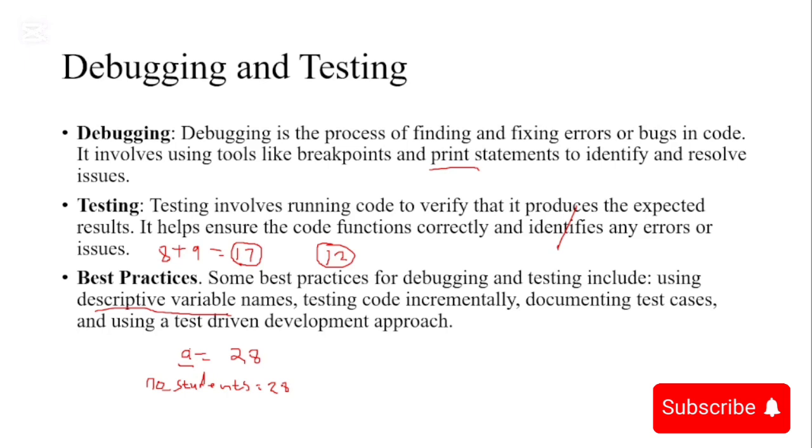Another best practice is testing the code incrementally. This means I'm trying to build a project, and this project needs to take up to 50 lines of code.